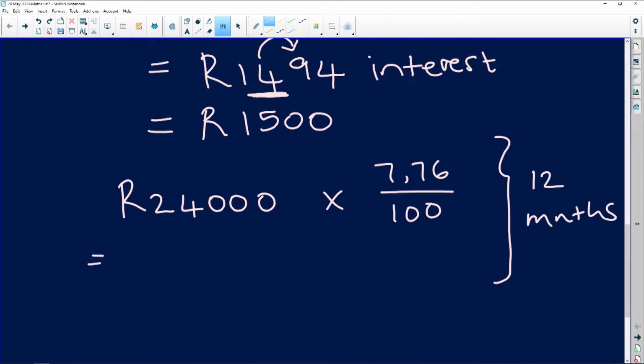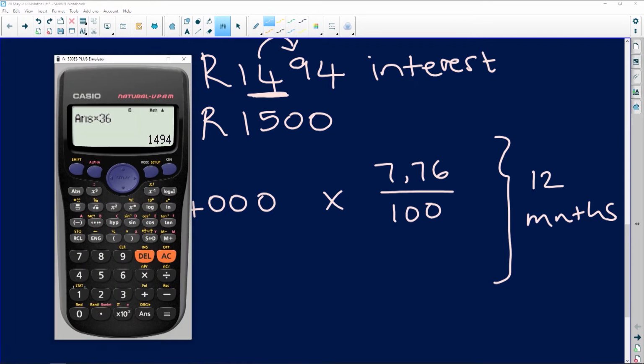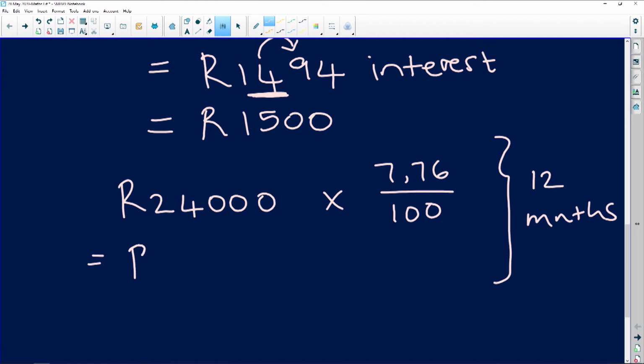Let's work it out. 24,000 times 7.76 all over 100 gives us 1,862.40 cents. So this is the interest that this person is going to be getting after the 12 months.